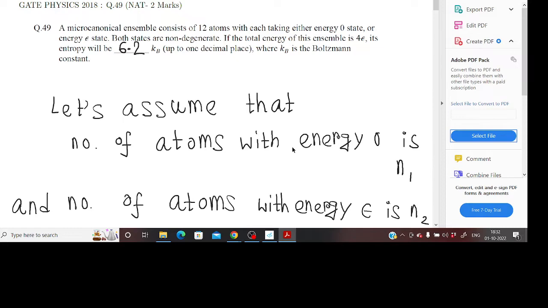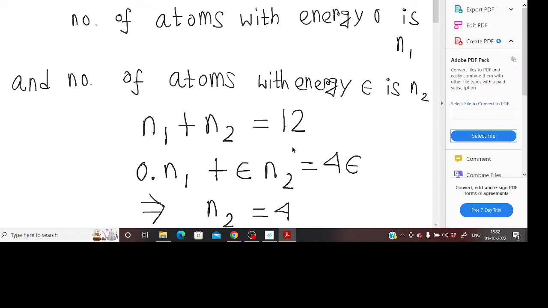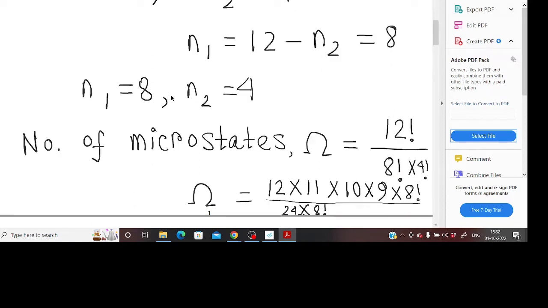These 8 atoms with energy 0 and the 4 atoms with energy epsilon are identical, right? So we have to divide the number of microstates by 8 factorial and 4 factorial respectively. So the total number of microstates will be equal to 12 factorial by 8 factorial into 4 factorial.